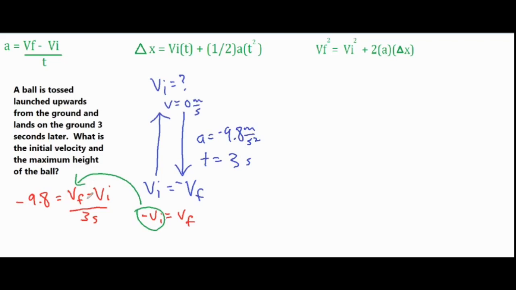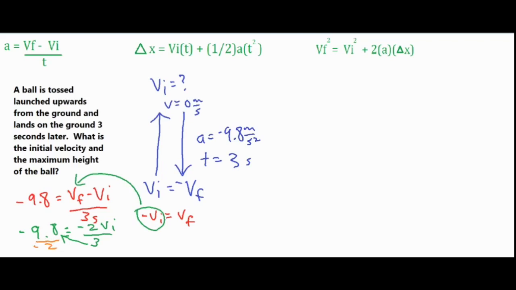So if it's negative VI minus VI, then it's going to be negative 9.8 equals negative 2 VI divided by 3. And then all I'd have to do is multiply both sides by 3. So I'm basically just cross multiplying that 3 over there. And then after that, I'm going to divide both sides by negative 2.